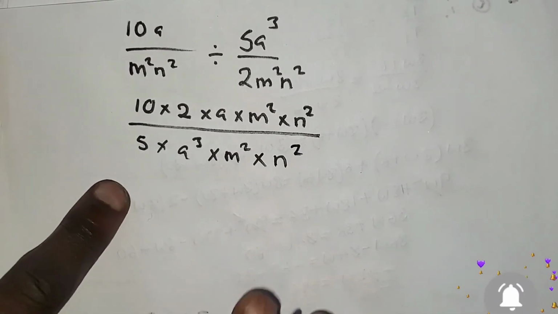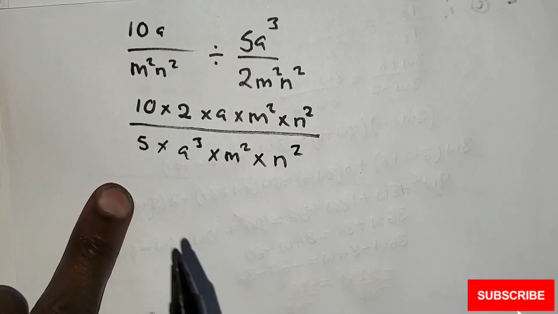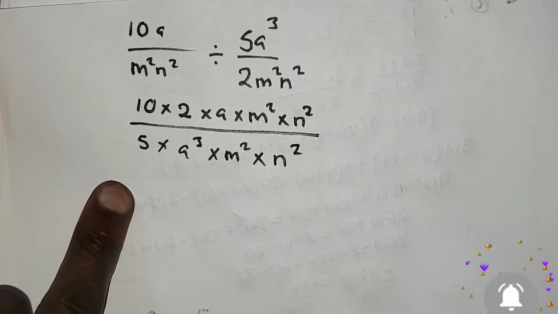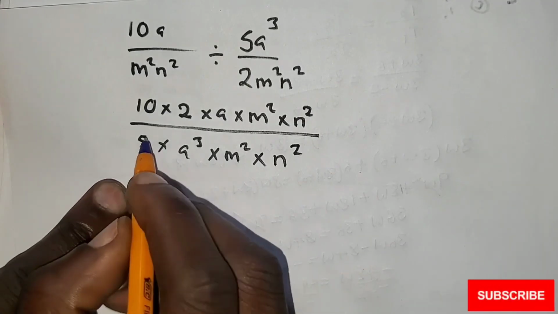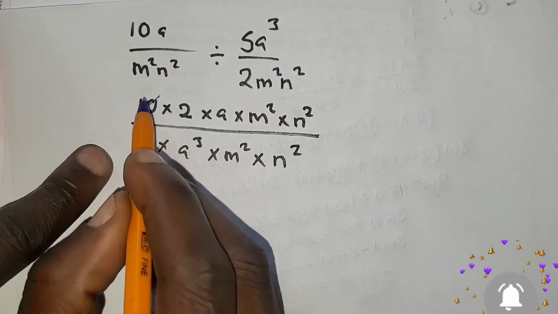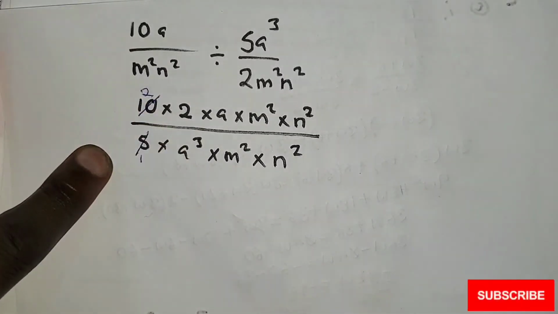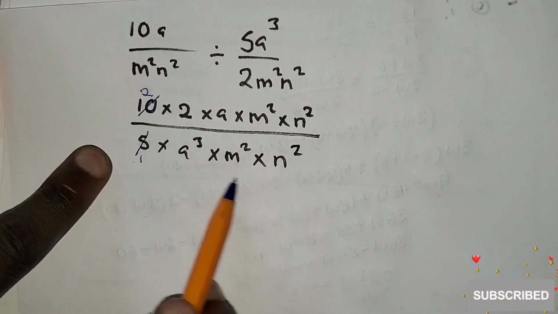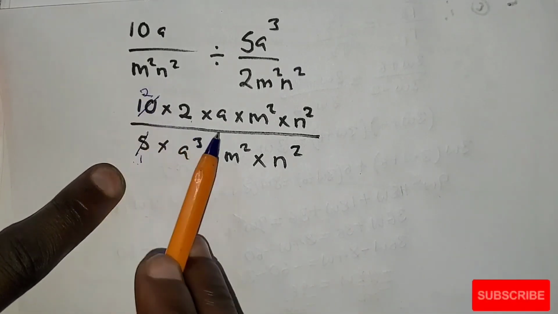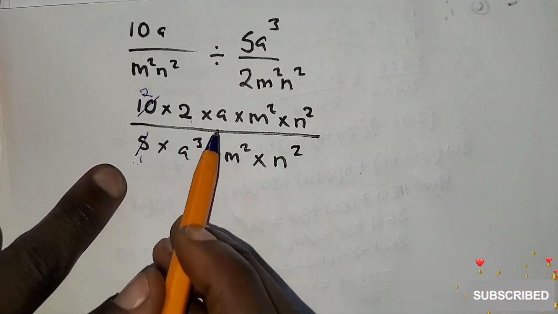Then we can cancel out what we know. 5 goes into 5 once, and 5 goes into 10 two times, so down here we remain with 1, and on top 2 times 2, which is 4.